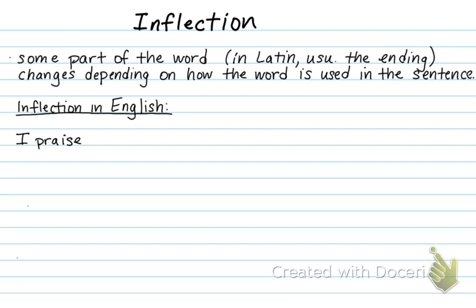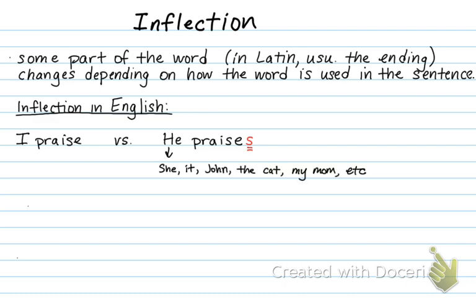In English, we would say, I praise, but we use a different form of the word if we want to say, he praises. Notice the S on the end. That form of the verb, praises, can only be used with certain subjects. Those subjects could be he praises, she praises, it praises, or we can substitute specific nouns for those pronouns he, she, and it, like John praises, or the cat praises, or my mom praises.